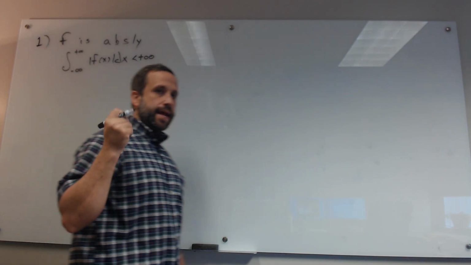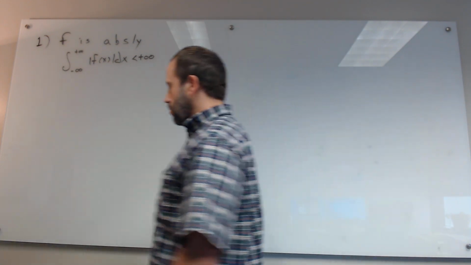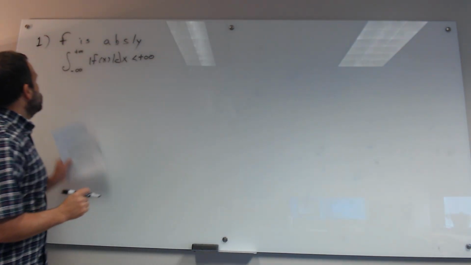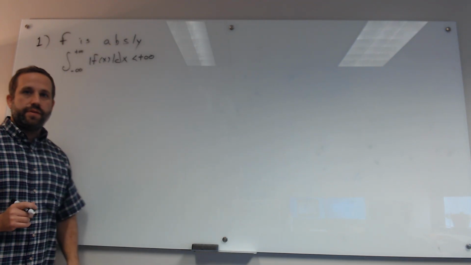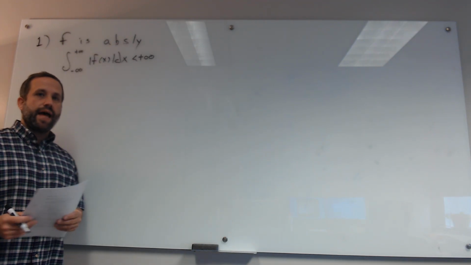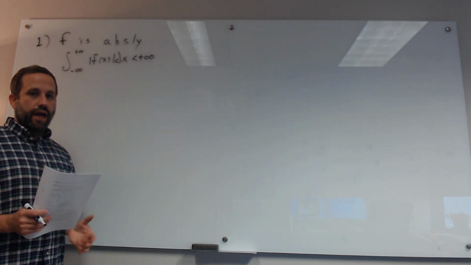So this is an improper integral. If we were to look at this rigorously, you would take the limit where the upper limit goes to infinity and the bottom limit goes to minus infinity. But we want to make sure that this integral is finite.